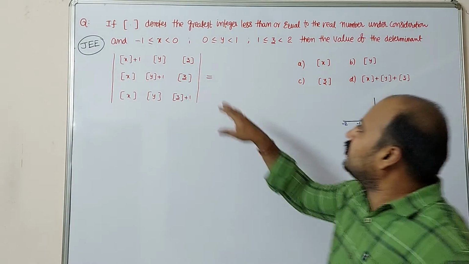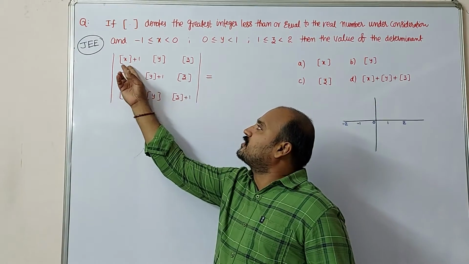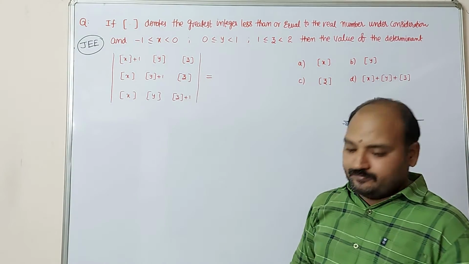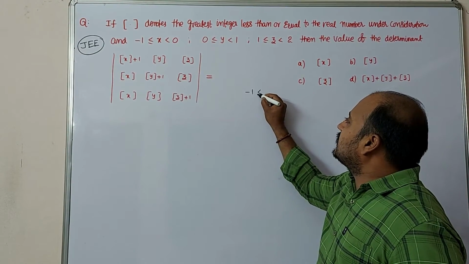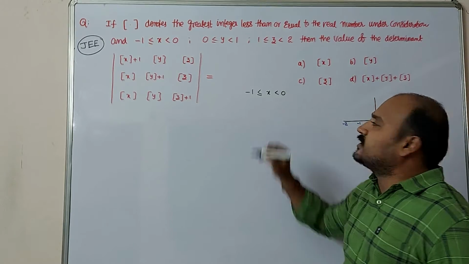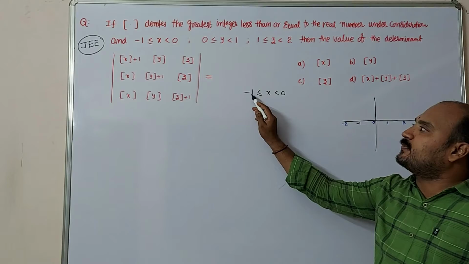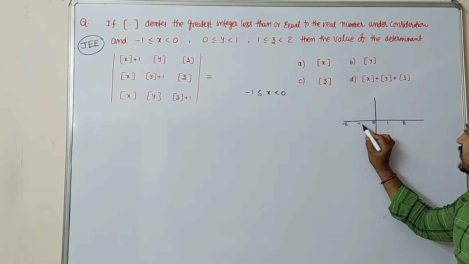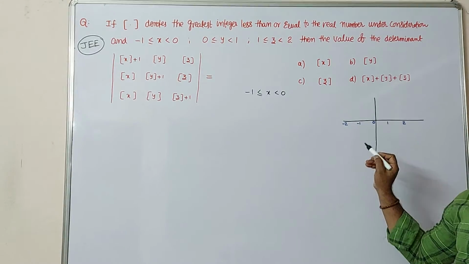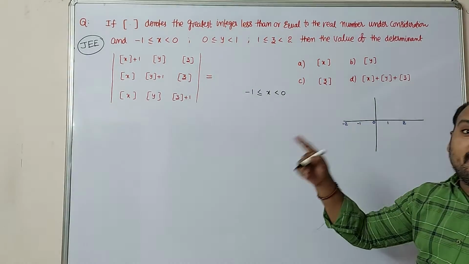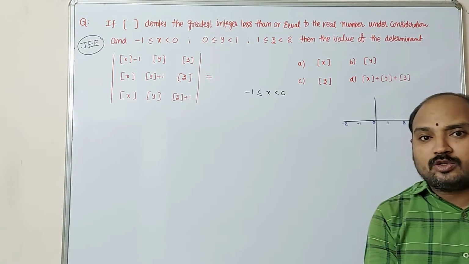Before that, according to the conditions, first we will find the values of [x], [y], and [z]. See here, I will explain. Minus 1 is less than or equal to x is less than 0. That means the value of x lies between minus 1 and 0. Any value between minus 1 and 0, by the definition of the greatest integer function, which I already discussed in the previous videos, dear students, please go to that.